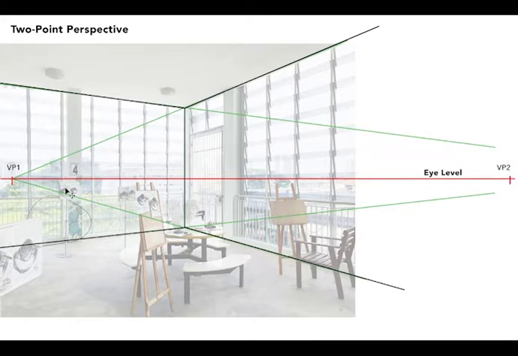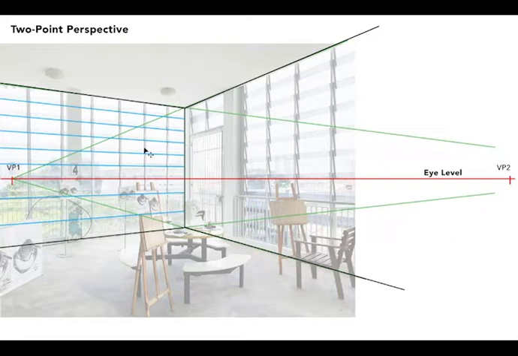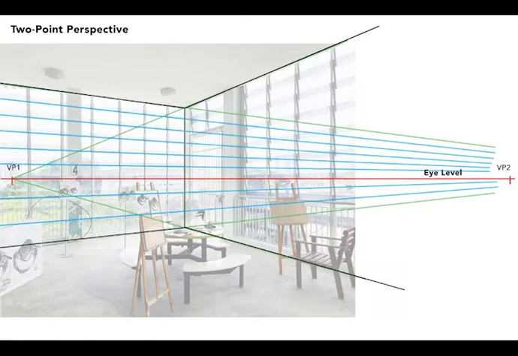Let's look at the left side of this space. Can you see the blue lines? So the blue lines are just following the window panes. If you were to extend the blue lines, they would go towards VP2, which again is outside of this picture area.